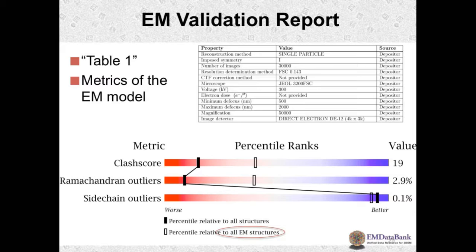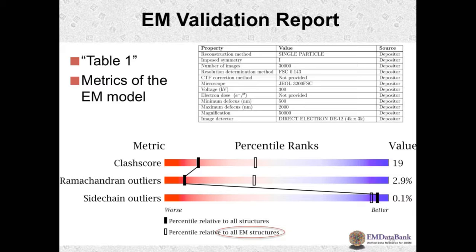So this particular structure fares a little better relative to EM structures. Now, for X-ray structures, because there are so many of them, they do percentiles relative to X-ray structures in fine resolution bins.